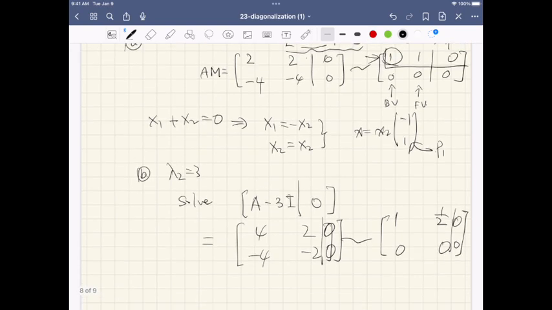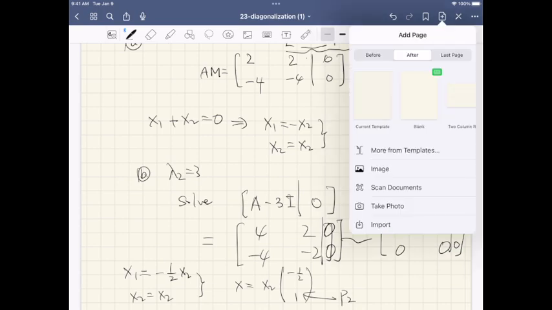Then if we solve, from the first line x1 equals negative 1 half x2, and x2 is x2. So the parametric vector form is x2 times negative 1 half, 1. So this gives me P2.